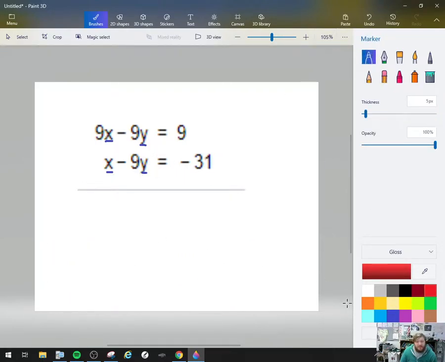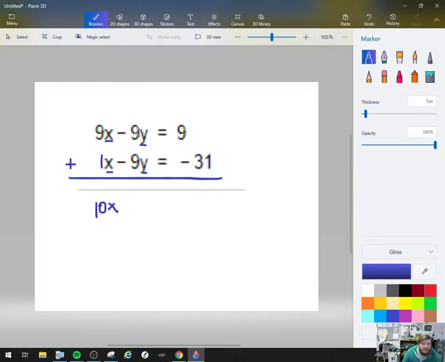So it's pretty sweet. And you might be like, well, why would I ever want to do that? Yeah, no, good question. Check this out. If I add these two equations together, this is an example of something that we're not going to do. And I'm going to show you why we're not going to do this. So 9x plus, oh, that's a 1x, right? 9x plus 1x is 10x.